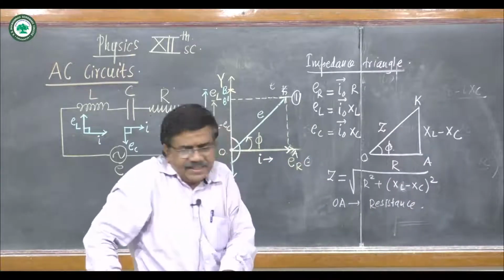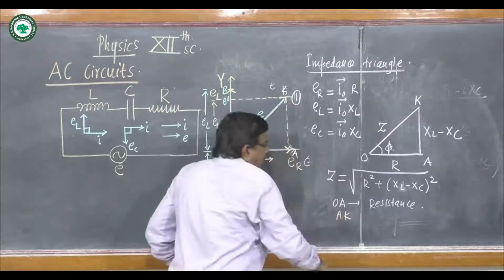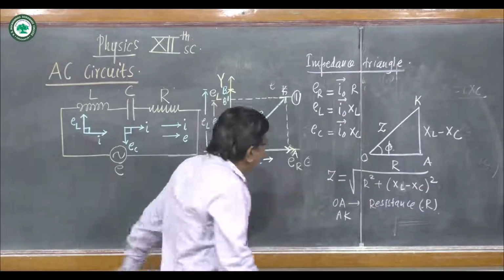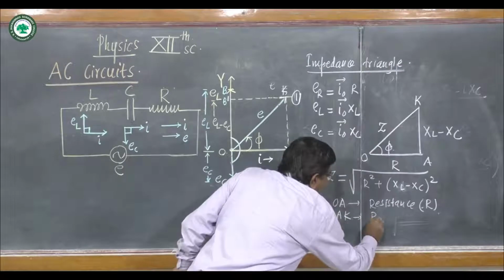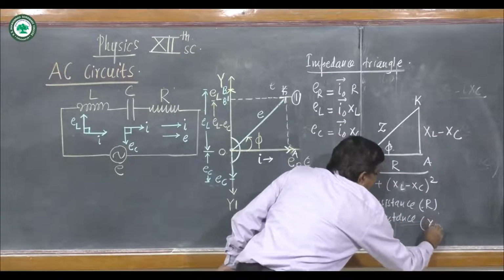The side AK represents the reactance, that is XL minus XC.